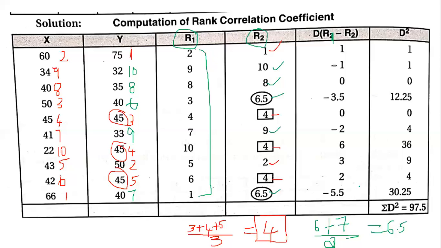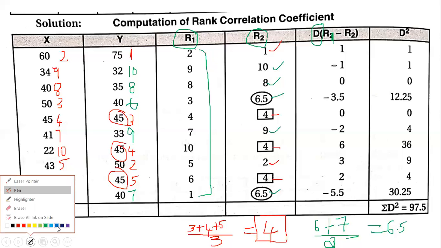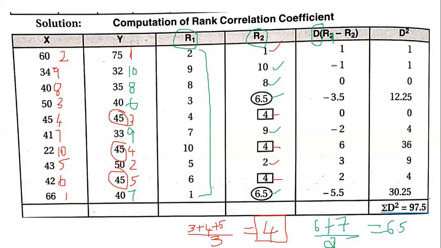Once you get the difference, you are supposed to square this complete column. So these differences are supposed to be squared, and once you square, you get d square. And this summation d square is the only important number which we require to calculate the rank correlation coefficient.